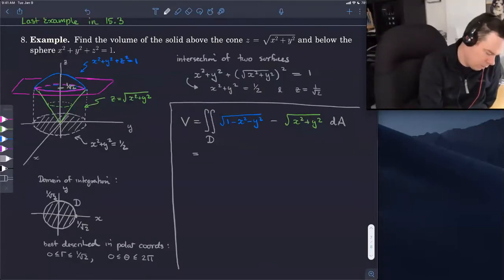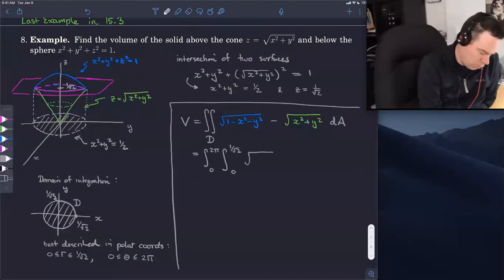Now we can go ahead and fill in our individual limits of integration. We're going to use polar coordinates. So our theta is going to go from 0 to 2 pi, as we've indicated down below. Our r value is going to go from 0 to 1 over root 2. We've got our first function, square root of 1 minus x squared minus y squared. That becomes the square root of 1 minus r squared.